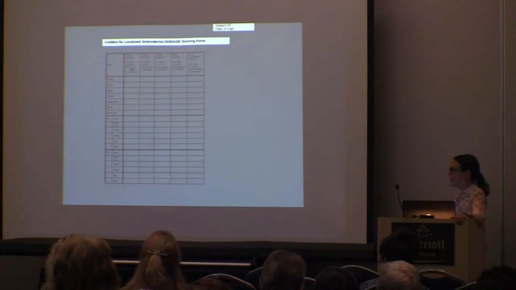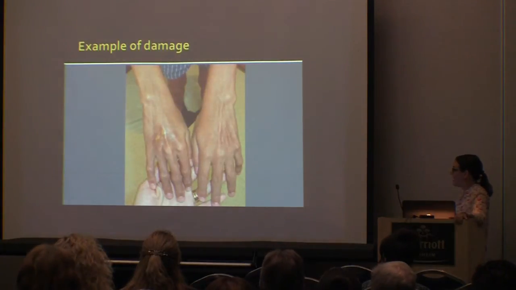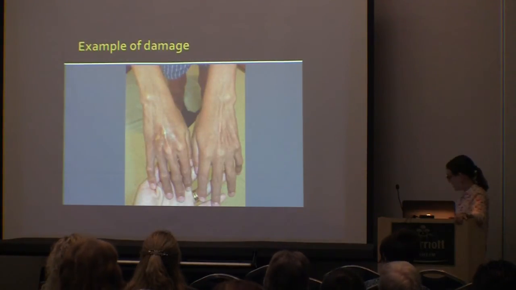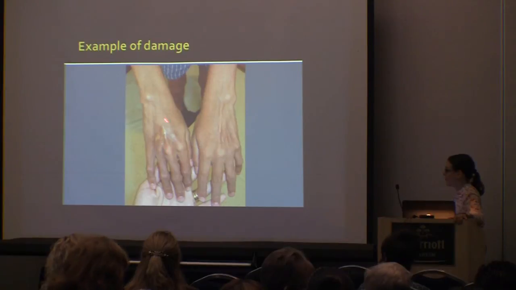So damage, in contrast, looks like this. And this is a young boy that I followed for a number of years, and he actually came in exclusively with damage. And we see a number of different changes consistent with damage here. We see the darkening of the skin or hyperpigmentation.